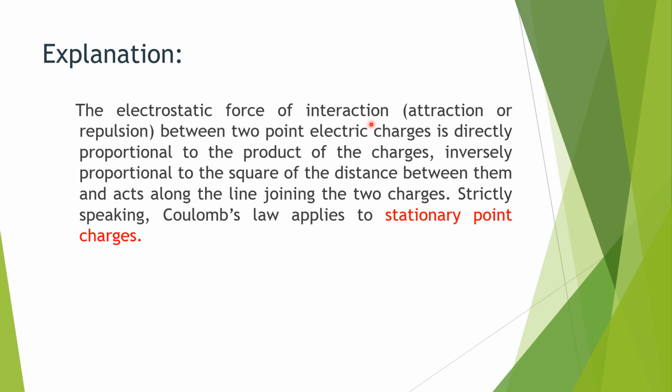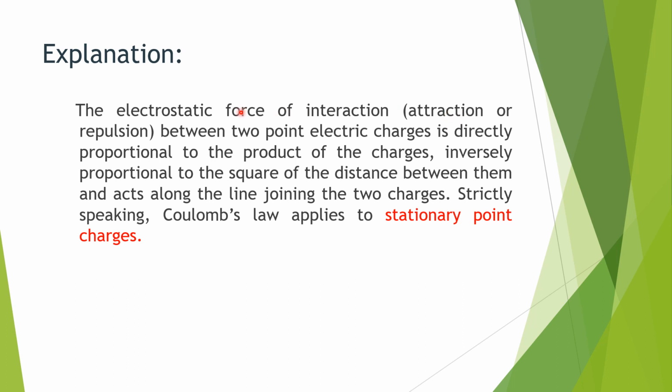If you have two charges, there will be a force of interaction. It can be either attractive or repulsive, depending on the nature of the charges. Suppose both the charges are positive, or both the charges are negative, we can say they are repulsive. If they are opposite charges, the interaction will be attractive. So that is the meaning of force of interaction.